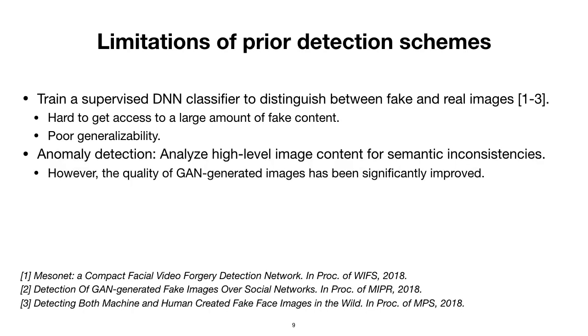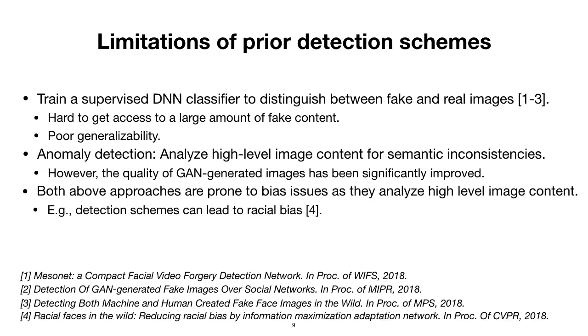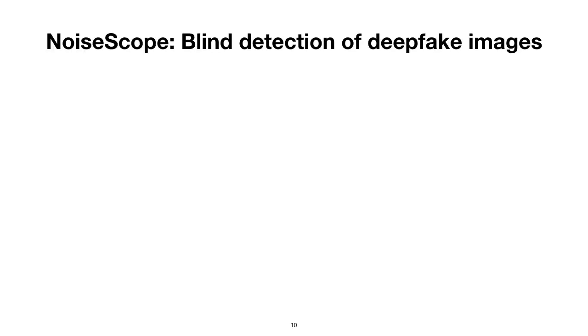We could also apply anomaly detection schemes to spot semantic inconsistencies in the image by analyzing high-level content. However, the quality of GAN-generated images has been significantly improved today. Besides, both above approaches are prone to issues of bias as they analyze high-level image content.